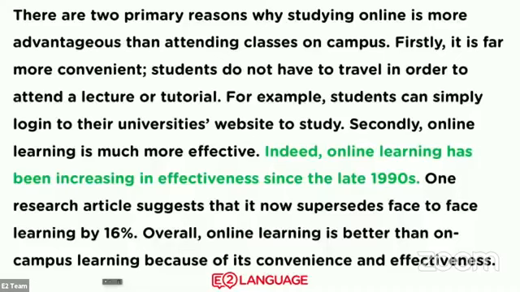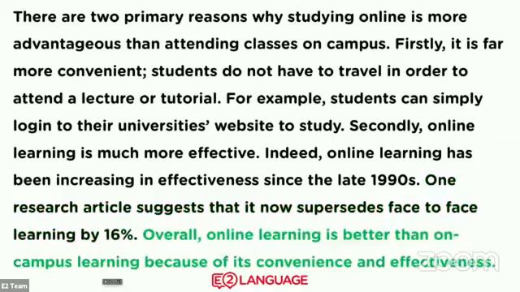What's your evidence, Jay? Well, one research article suggests that it now supersedes face-to-face learning by 16%. Okay, wrap it up, Jay. This should mirror your opening sentence. Overall, online learning is better than on-campus learning because of its convenience and effectiveness, right? Cool. I hope that's clear.